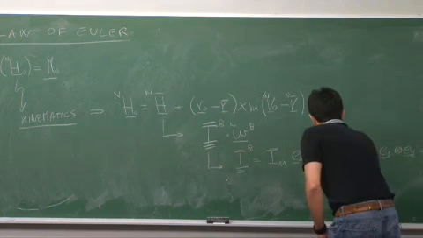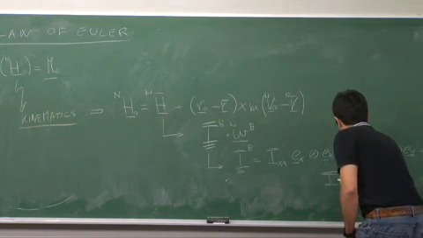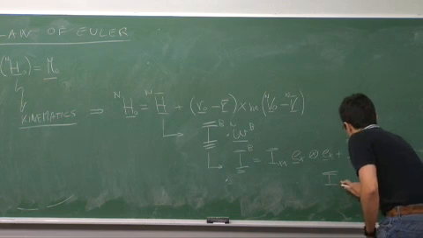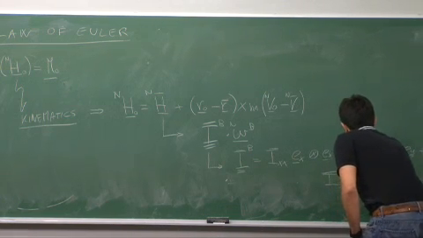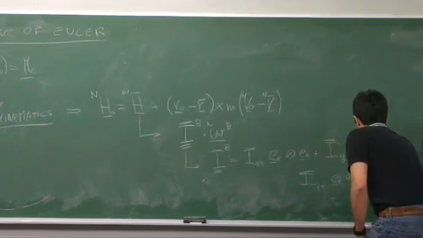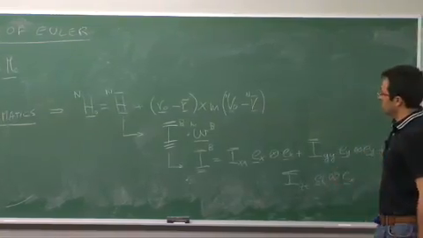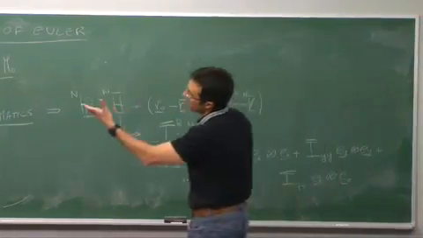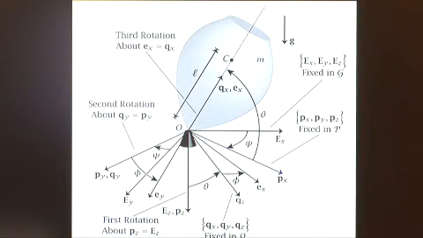Plus I bar zz, ex circle cross ex. Nothing else. It's a symmetric body. The symmetry axis is definitely a principal axis of inertia.